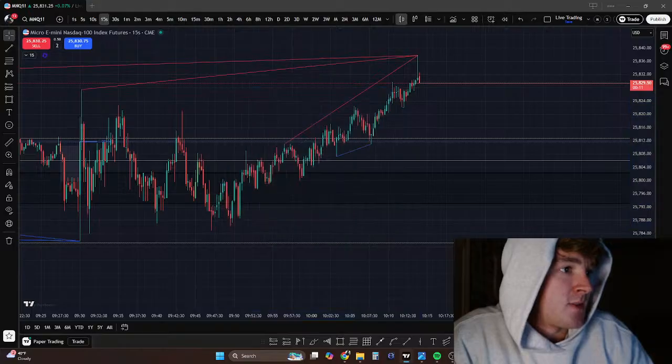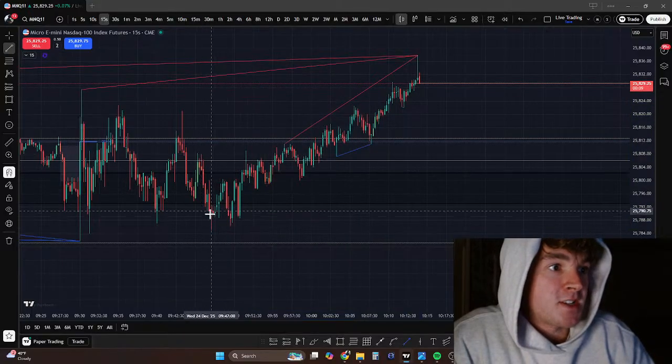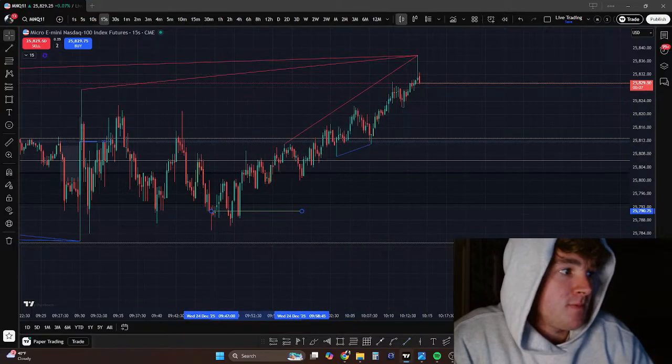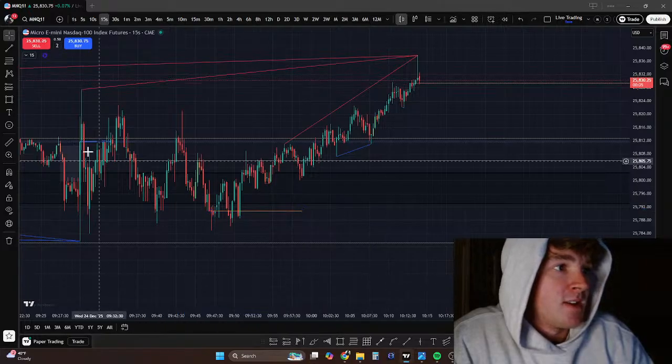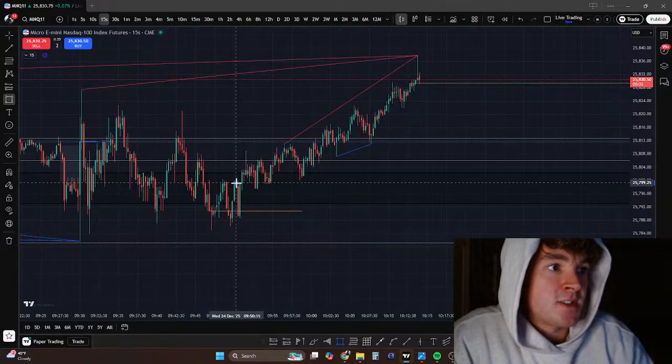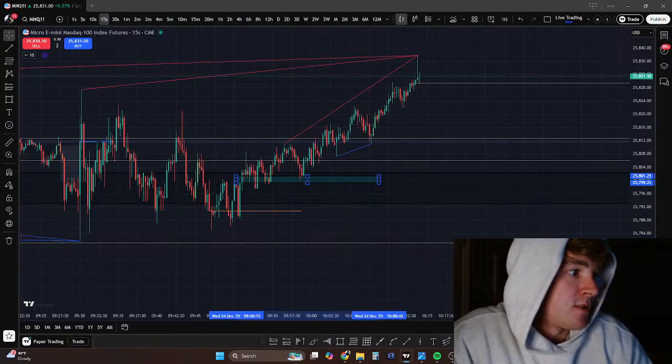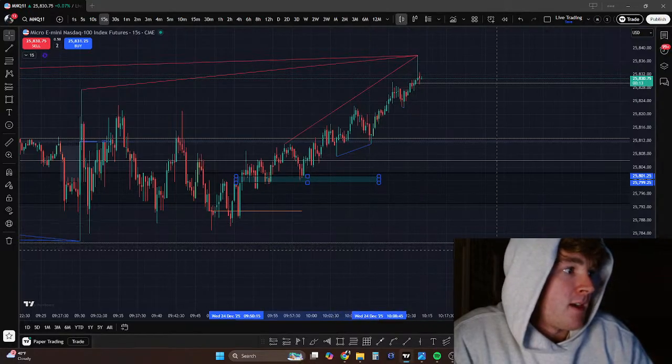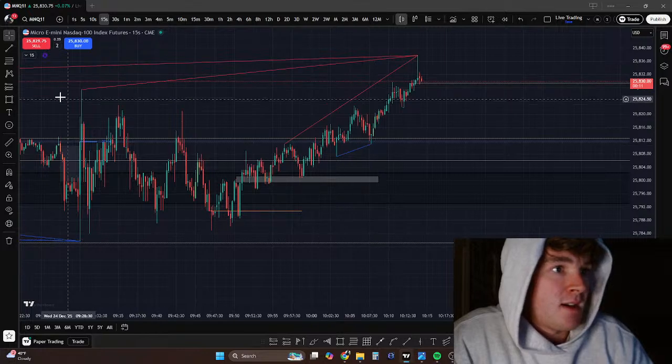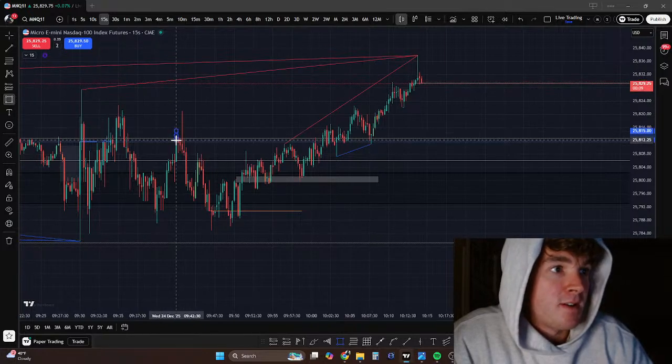Then you can see we go from the rejection block. There's the rejection block, and then we have this fair value gap, and then this breaker overlapping with the new day opening gap.